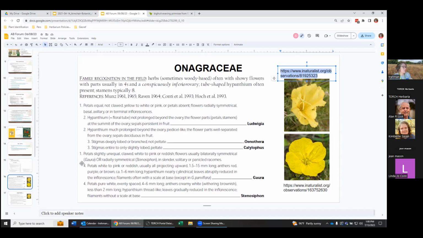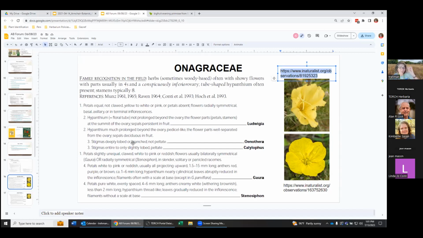As opposed to the other number one, the petals are slightly unequal. They are clawed. They're white to pink or reddish. The flowers are usually bilaterally symmetrical or radially symmetrical, and they're in slender, solitary, or panicled racemes.